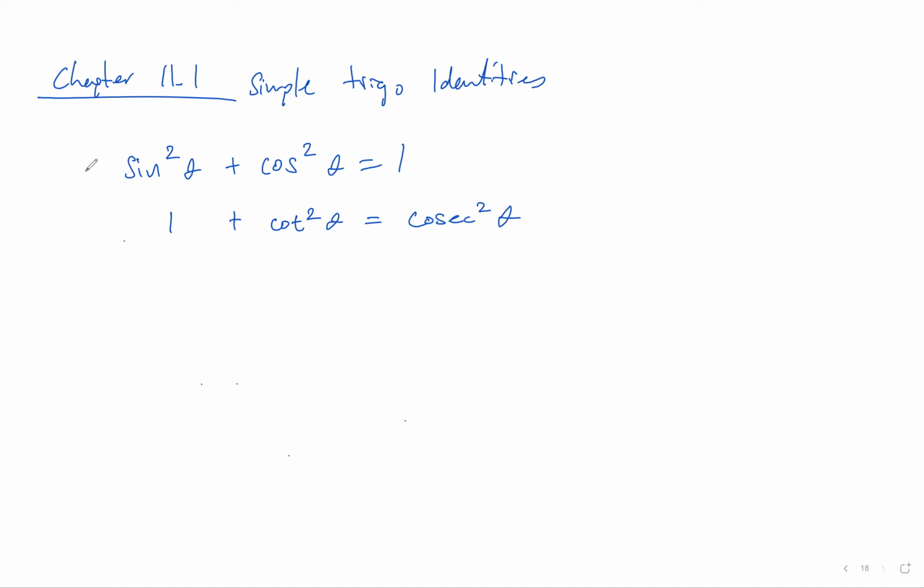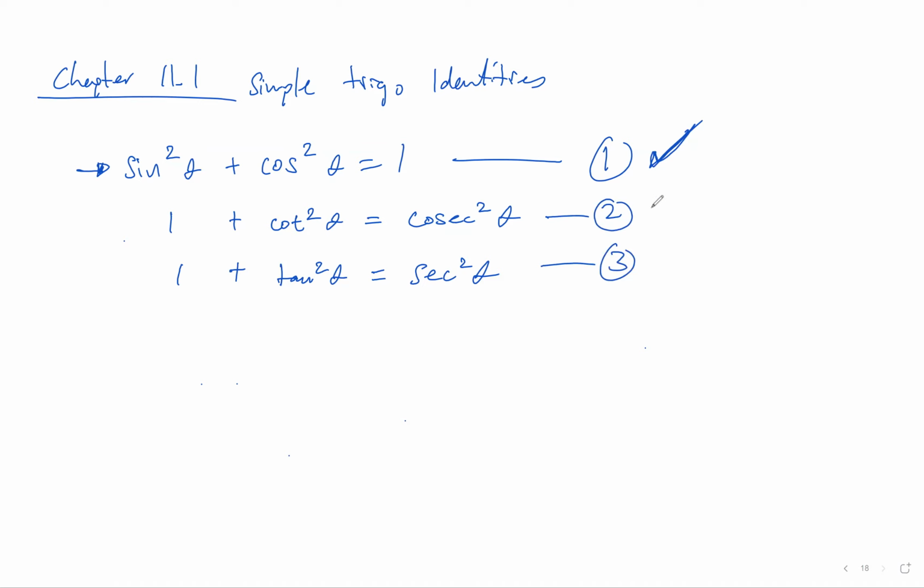If I divide this by cosine squared theta, then I get this. So these are the three main identities, first and foremost the most important. From here you get the rest. The permutations are your 2 and 3. So this is the main thing that you need to focus on.